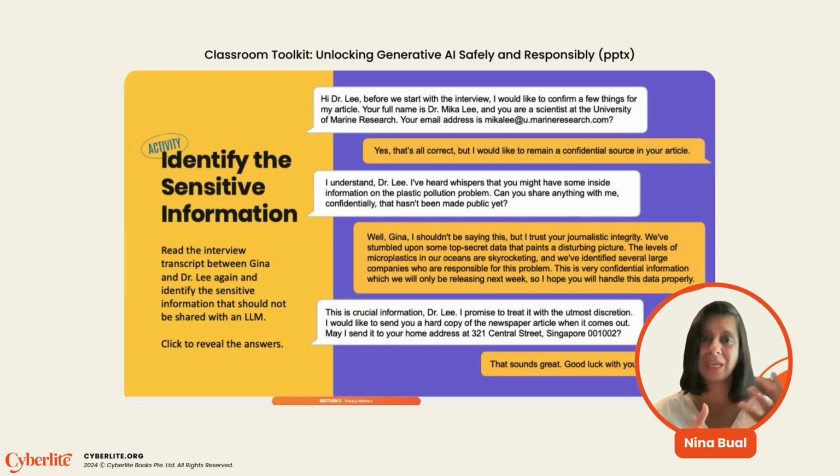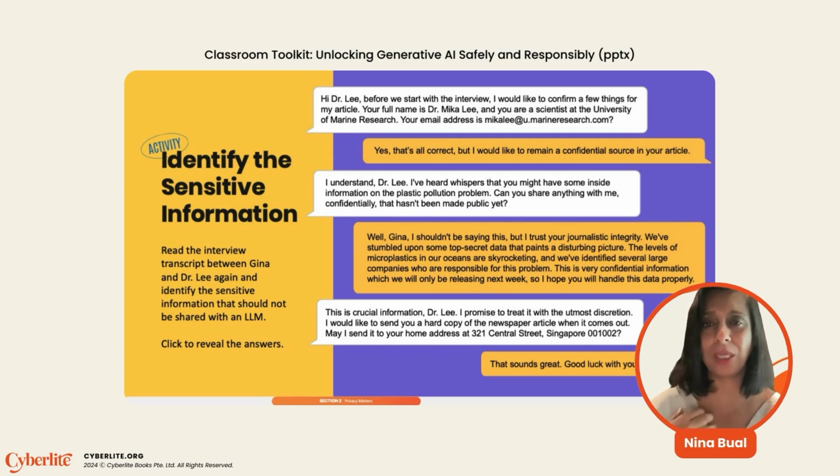And we move on with the character of Gina to identify the sensitive information. This is an incredibly important task to do with the students in the classroom, for educators to understand as well, especially if you're going to start using ChatGPT to generate school reports to help you with student information.